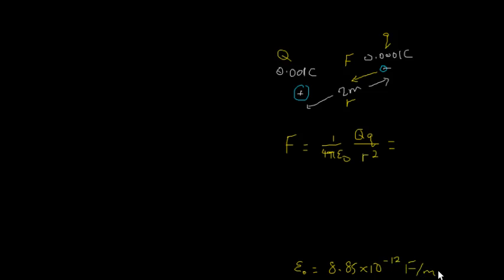I think it's per meter. So if I put all these numbers in here, and using my calculator, I would find 224 newtons. So that would be the force acting on this.